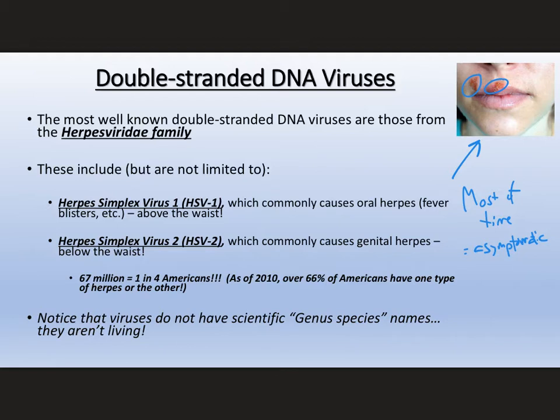But this makes it interesting. But what you want to remember is that people who are positive for the herpes simplex virus are always contagious. All right? So even if they are asymptomatic, even if they don't have any active blisters on their face or whatever, that virus is in their saliva or other body fluids and can be transferred from person to person.